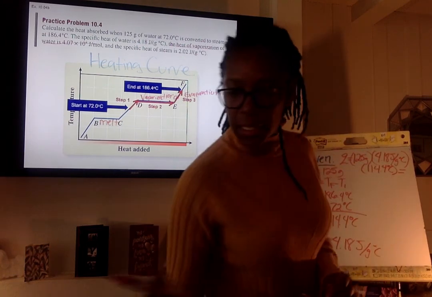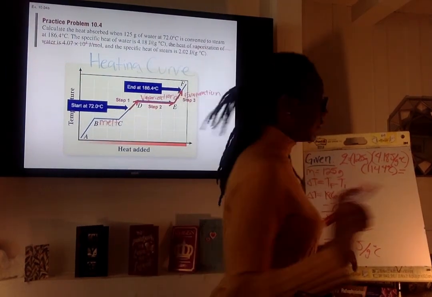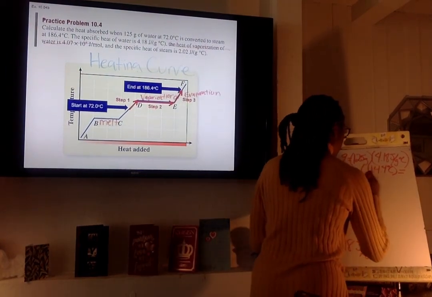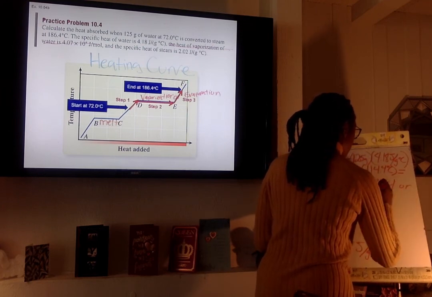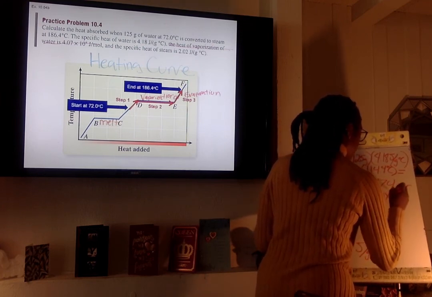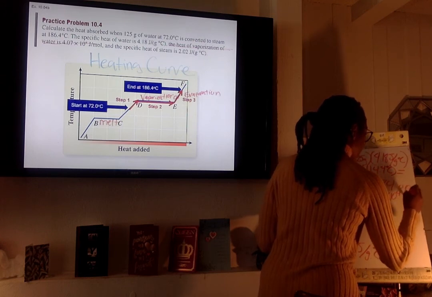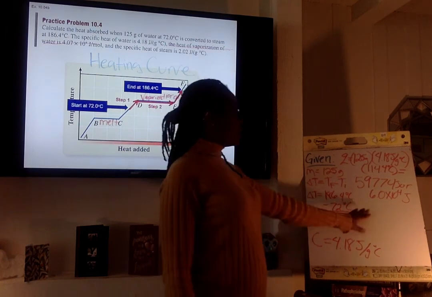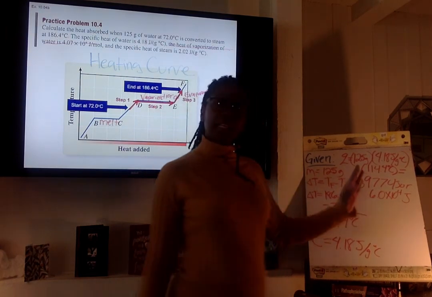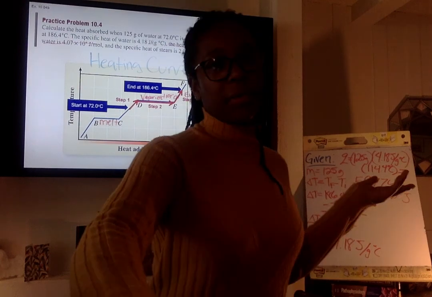And that whole thing equals 59774, or 6.0 times 10 to the 4th joules. Either answer is fine. No need to put it in scientific notation unless I specifically ask for that.